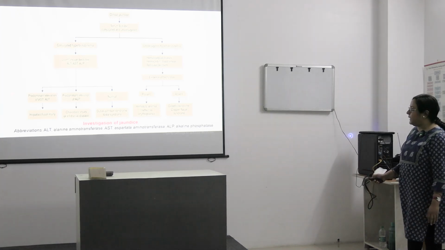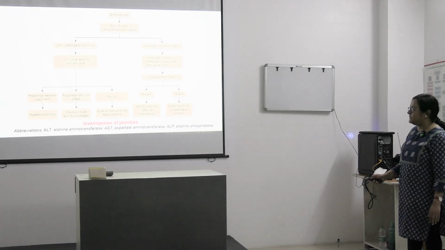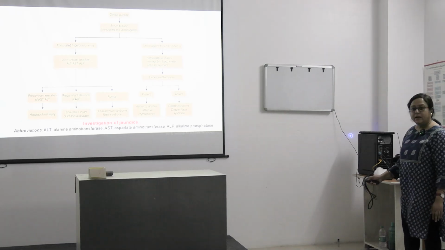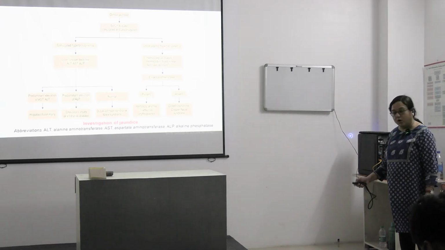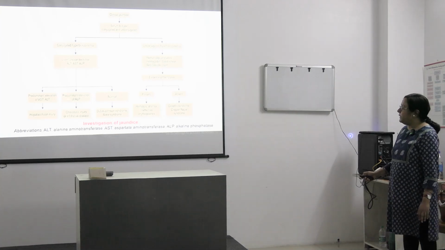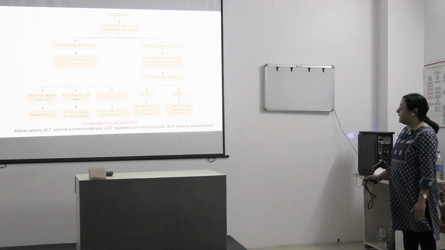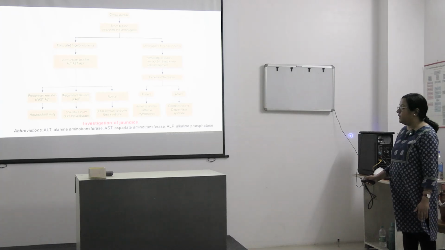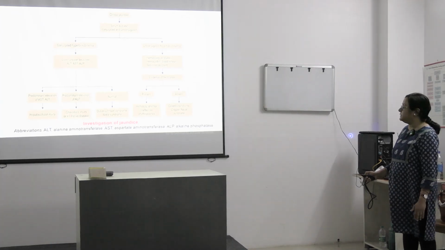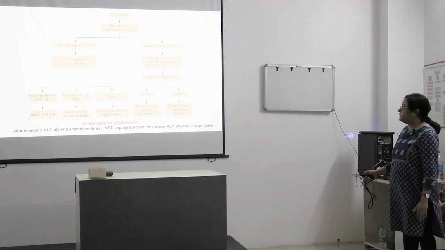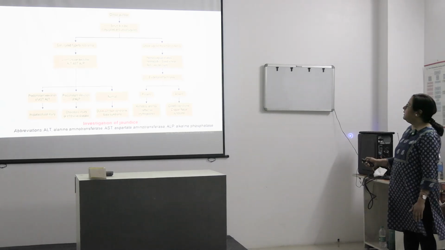If there is predominant elevation of AST or ALT, that is a hepatocellular cause. If there is predominant elevation of ALP, that is alkaline phosphatase, then there is cholestatic injury or infiltrative disease. If the enzymes are normal, then the diagnosis may be either Dubin-Johnson or Rotor syndrome.